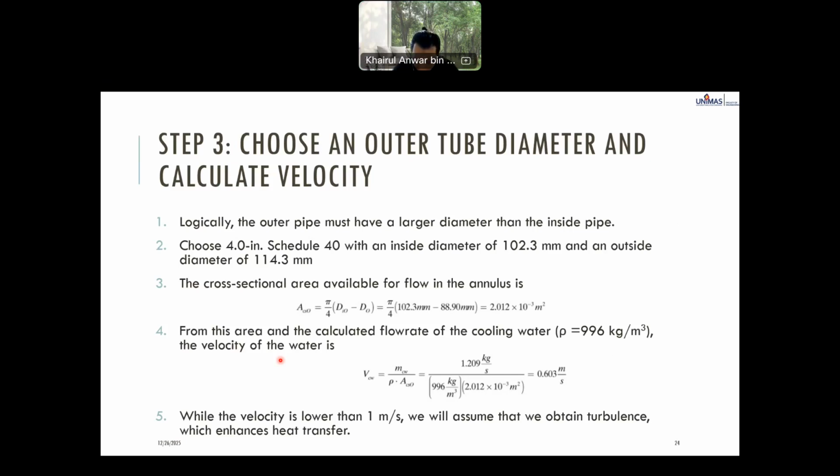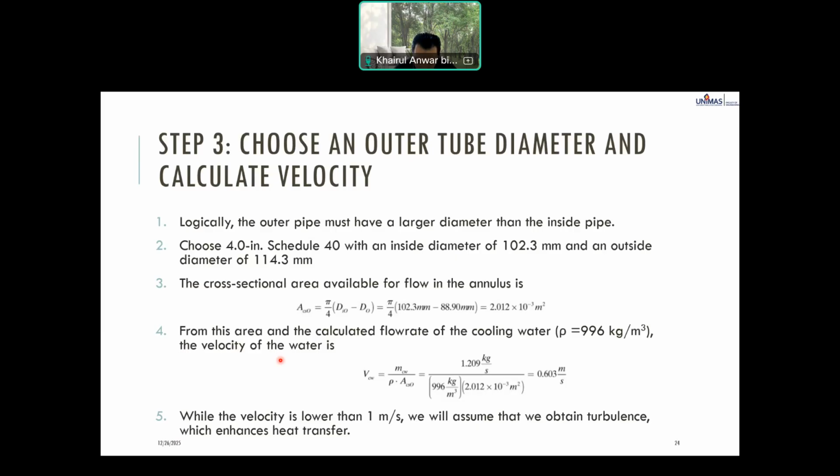So in this case, we need to make bigger the area between the inside pipe and the outside pipe. So we choose 4 inches, schedule 40 with inside diameter 102, outside diameter 114.3 mm.